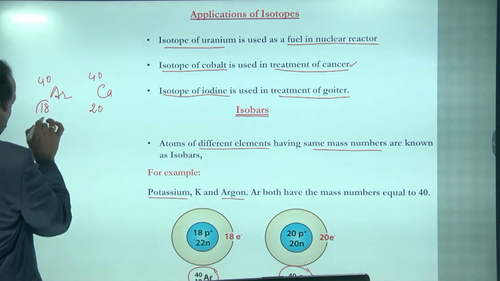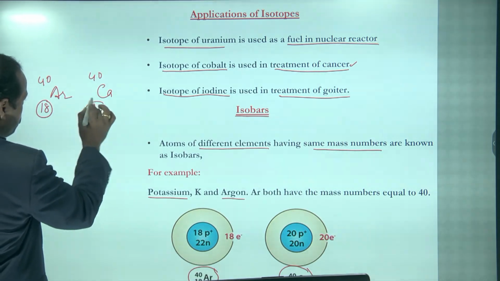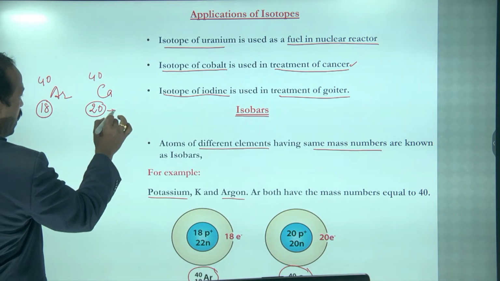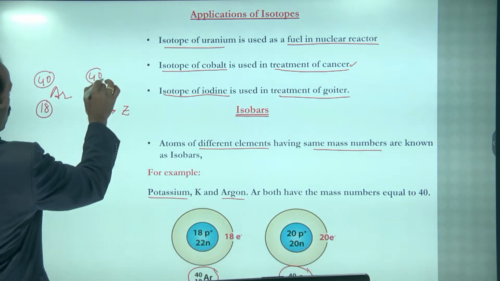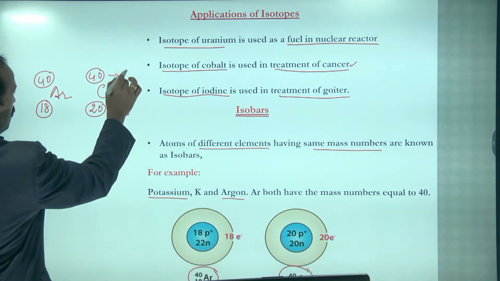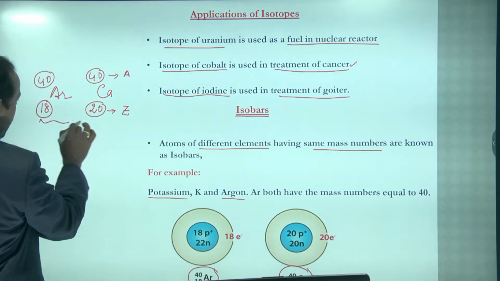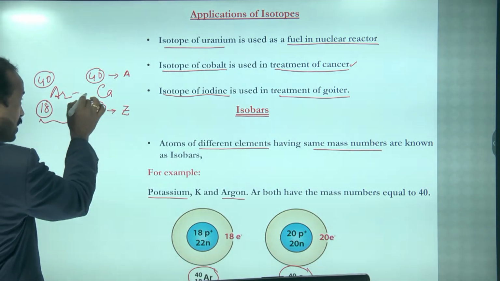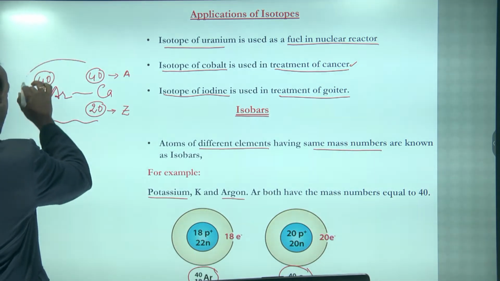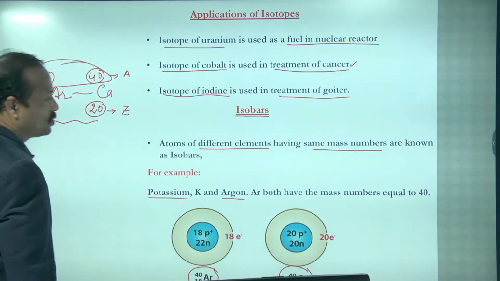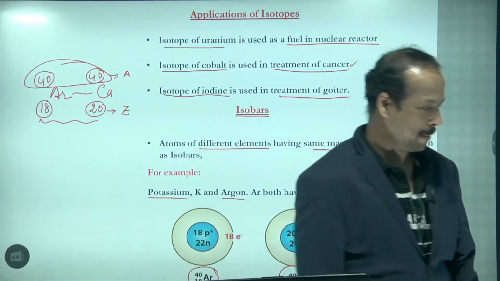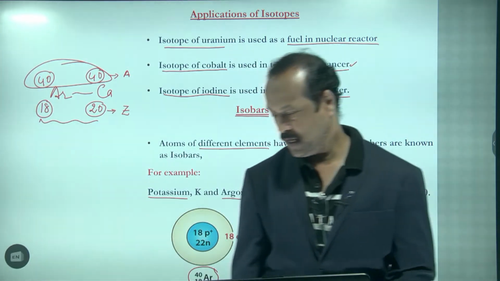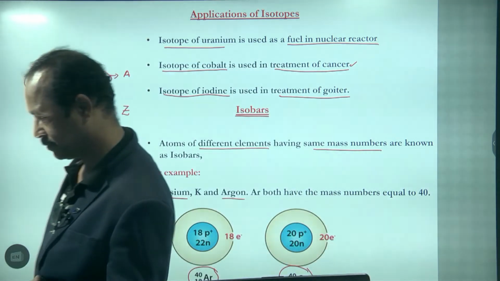Now these below numbers are called atomic numbers, and these superscript numbers are called mass numbers. So here atomic numbers are different, elements are also different, only the mass number remains the same. So these are called isobars. Okay, take the screenshot of this one.